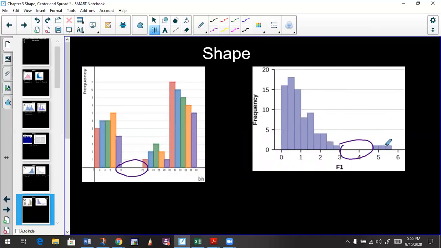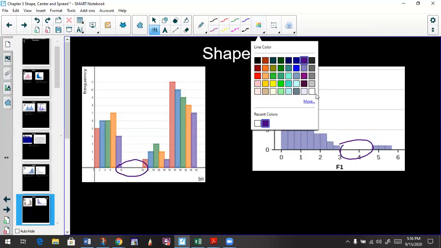In this case, because we have just a couple of data values far removed from the rest of them, whereas here there's a whole bunch of data values, a gap, and a whole bunch of data values, we would not say this, but over here, we've got outliers, right? A couple of data points that are far removed from the rest of them. Right?